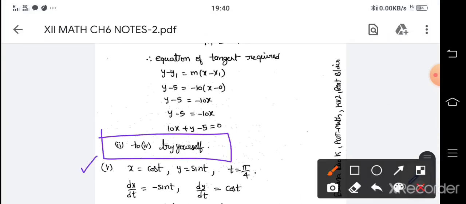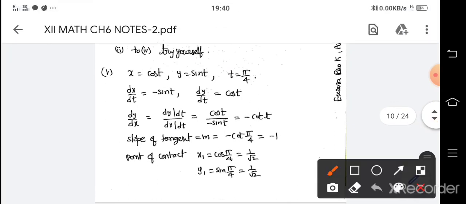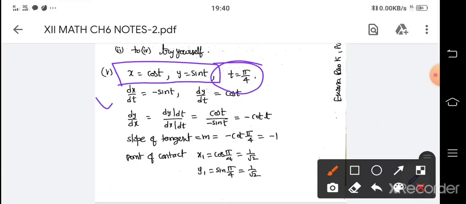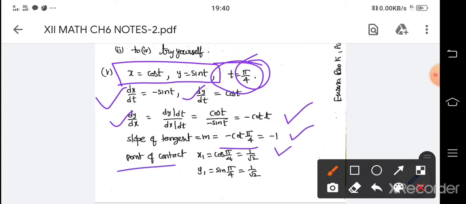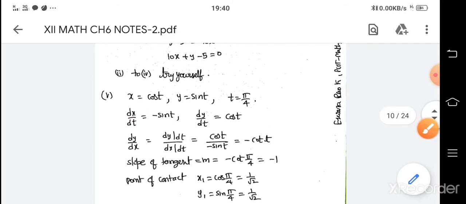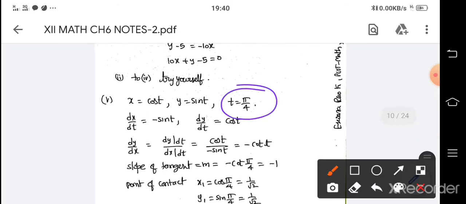Fifth question, look, x is equal to cos t, y is equal to sin t, at t is equal to pi by 4. So find dx by dt, dy by dt, dy by dx using parametric form. T is pi by 4, so minus cot pi by 4 is minus 1. Point of contact is 1 by root 2 comma 1 by root 2. This is very important here because t is pi by 4. When you want x1 comma y1, substitute t in this.